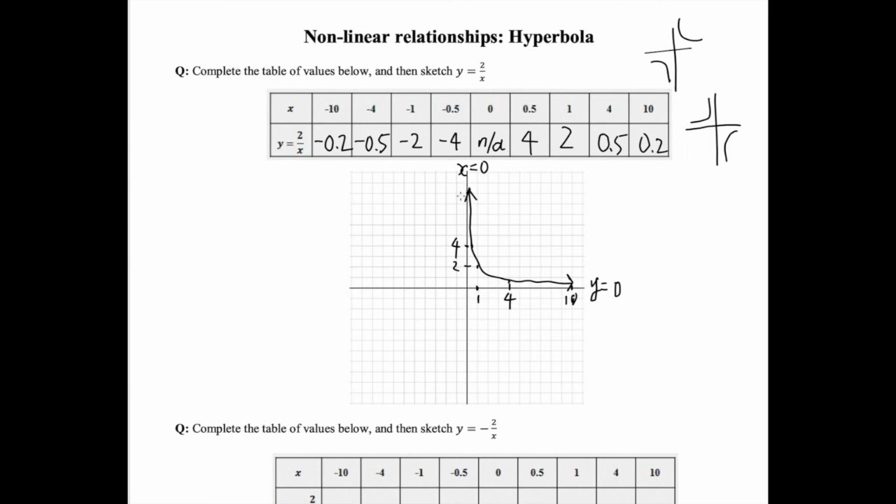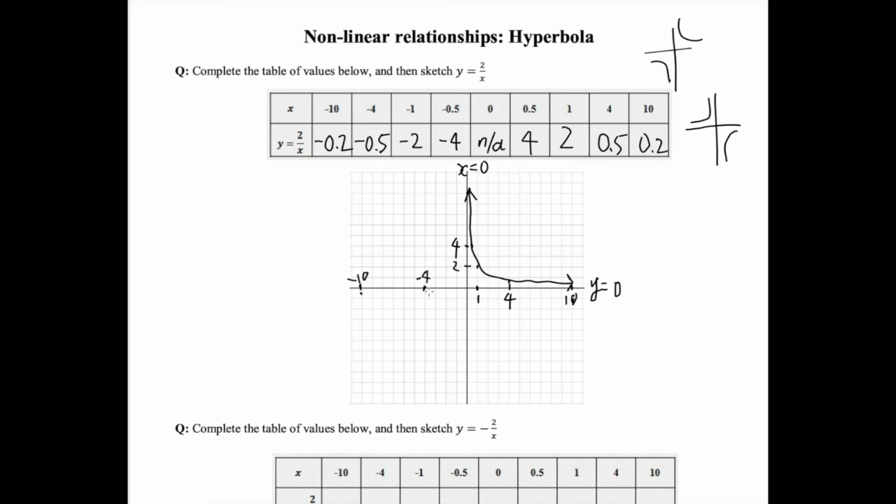Now we just have to do the same for the other side. I'm just going to do it slowly. So minus 10, minus 1, 2, 3, 4, 5, 6, 7, 8, 9, 10. So this is minus 10. Minus 0.2, that's somewhere here. Minus 4, minus 0.5, so minus 1, 2, 3, 4.